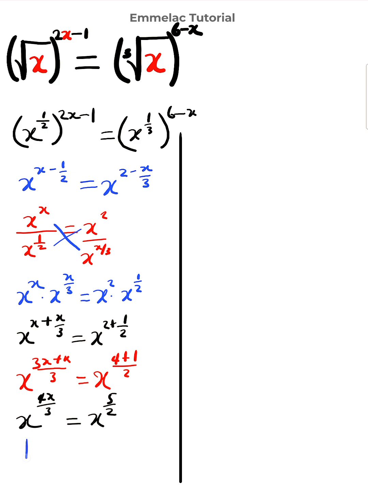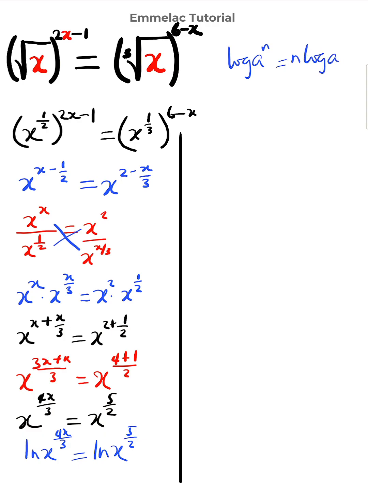So here we have that ln x raised to 4x all over 3, then equals ln x all raised to 5 all over 2. Now we need to apply the power log here. And what does the power log say? That when you have log a raised to n, now the exponent n becomes a multiplier to log a.